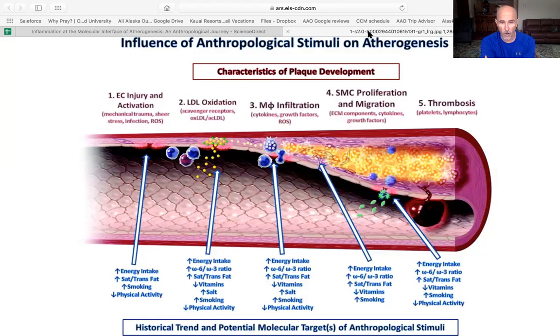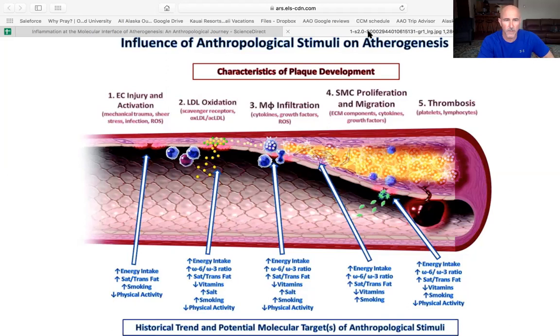They are all modifiable by your behavior. Okay, so increased energy intake, increased consumption of saturated and trans fats, smoking, one of the most inflammatory things you could ever do to your body, and decreased physical activity lead to the beginning insult, which we see as endothelial cell injury and activation.